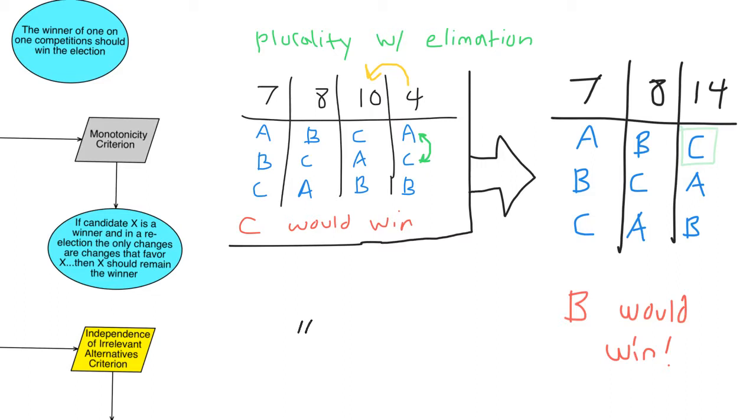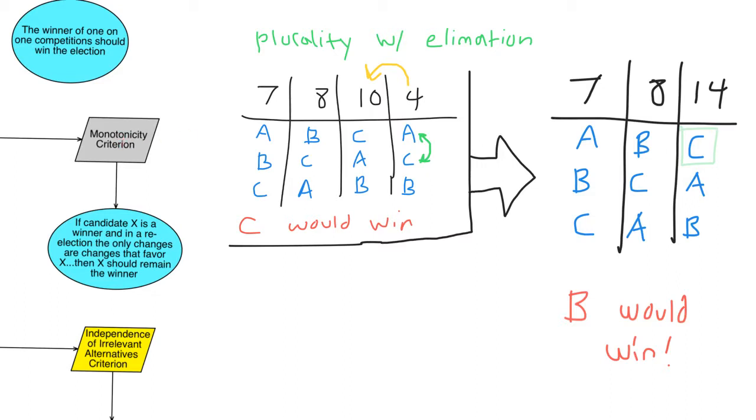In order for a voting method to be fair, this should not happen. It does happen occasionally when you use the plurality with elimination method, and in doing so, it violates the monotonicity criterion. Again, a little preview for what's to come: there is no voting method that is perfectly fair, in case you're asking that to yourself.